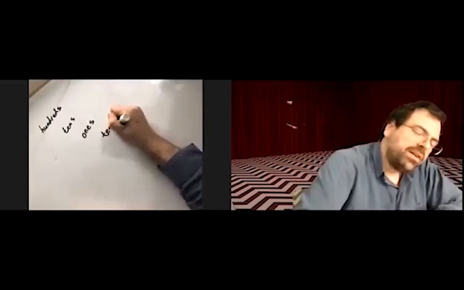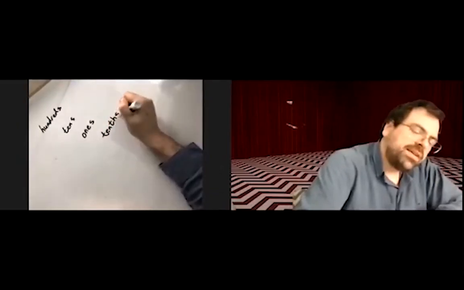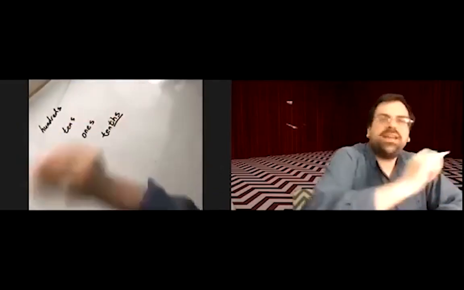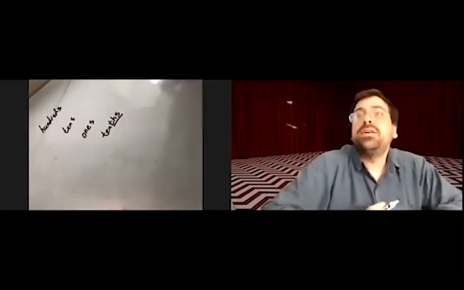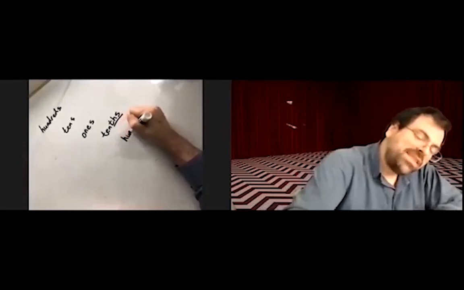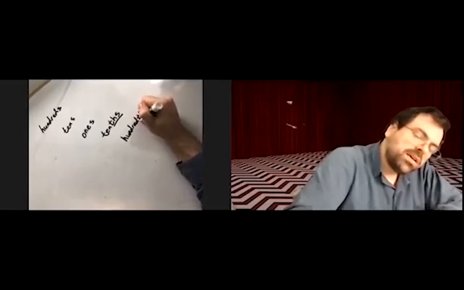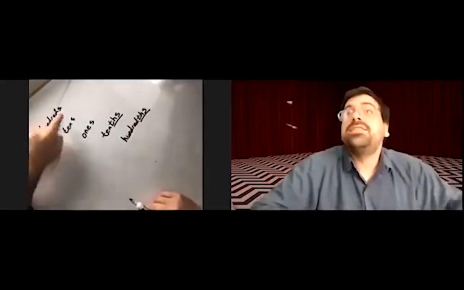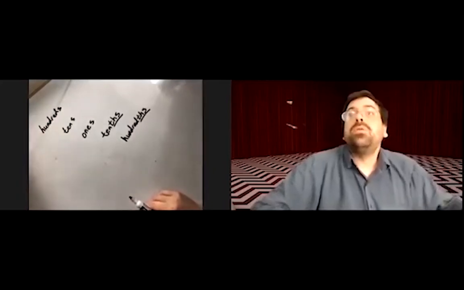We have tenths, with THS instead of S. We have hundredths, with THS instead of S. What goes to the left of hundreds? Thousands.